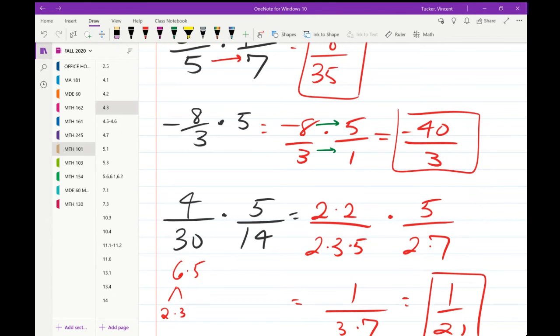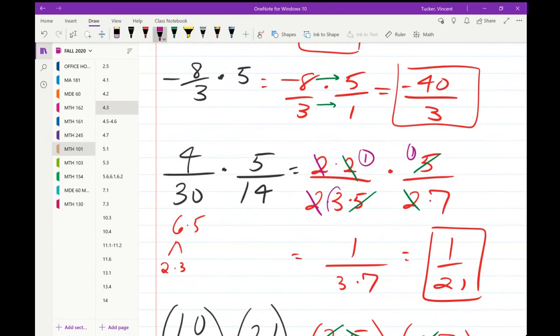All right. So then you cancel out what's in common with the top and bottom. So you have a 2 that's here, another 2 here, and then 5 can cancel out here. So don't forget, if everything cancels out, that leaves you with just the 1. So in the numerator, it's just 1 times 1.